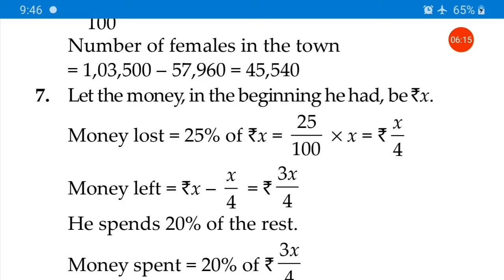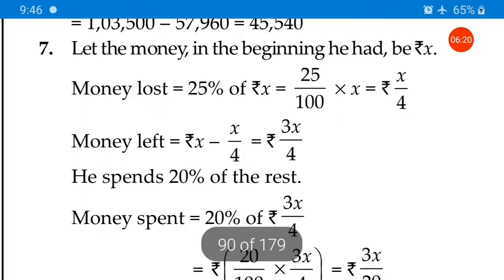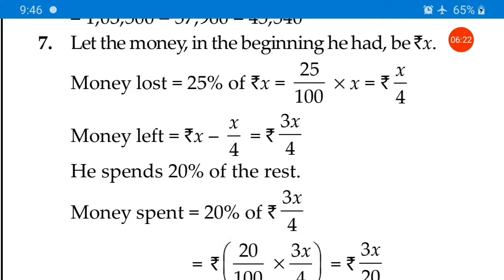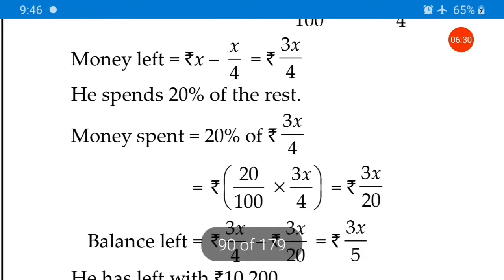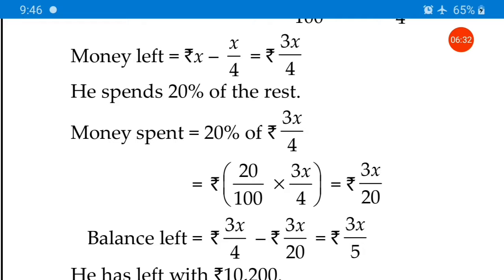Now he spends 20% of the rest. He spent 20% of the rest, which is given in the question. So money spent is 20% of rupees 3X upon 4. Now calculation, 20 upon 100 multiplied by 3X upon 4.